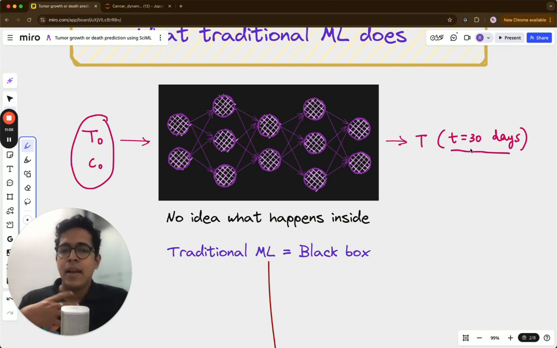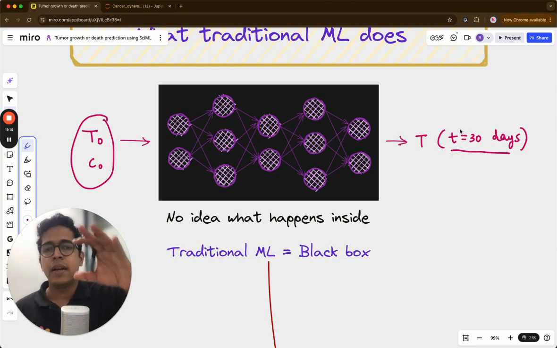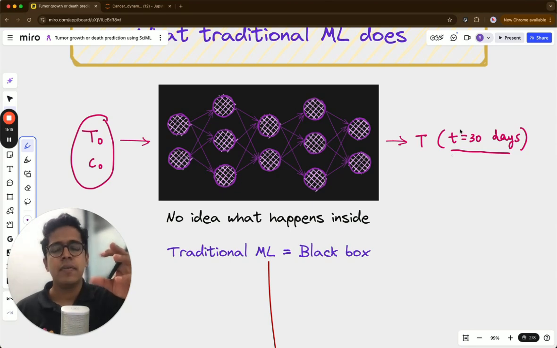And then if you have a large data set like this from maybe different hospitals or maybe different oncology departments, perhaps you can build a very good deep neural network which can make a prediction that, hey, if this is the initial tumor size and if this is the extent of intervention that you have, then after 1 month, the tumor size predicted is this much. Maybe this model can be accurate to a good extent.